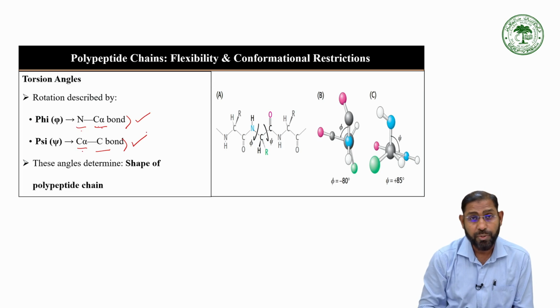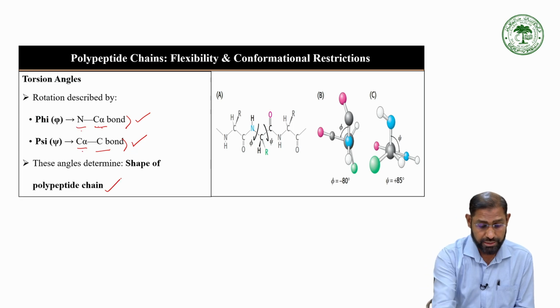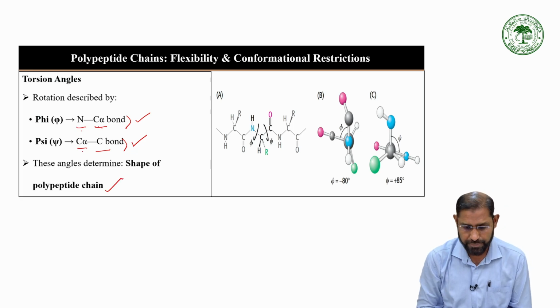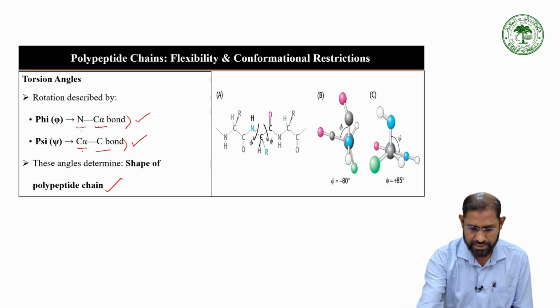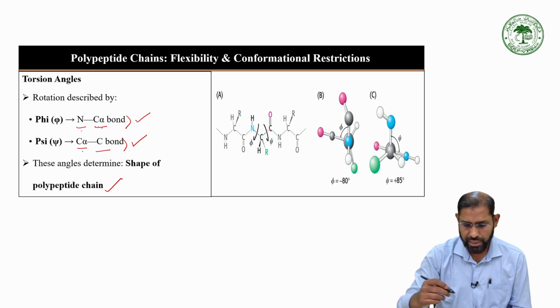These angles provide the shape of the polypeptide chains. This is the C-alpha and N, this is called phi, and this, the C-alpha and C bond, is called psi. So they give a kind of single bond rotation.